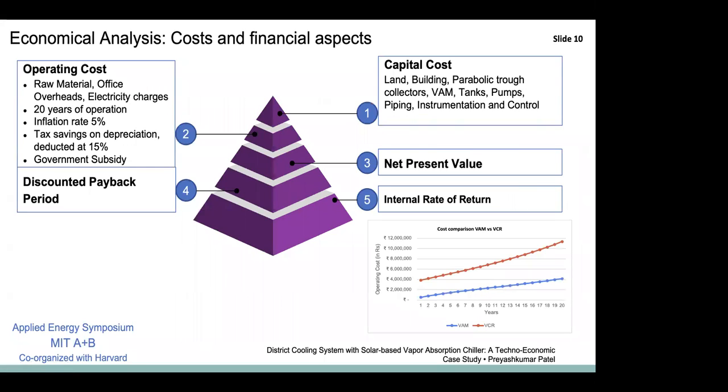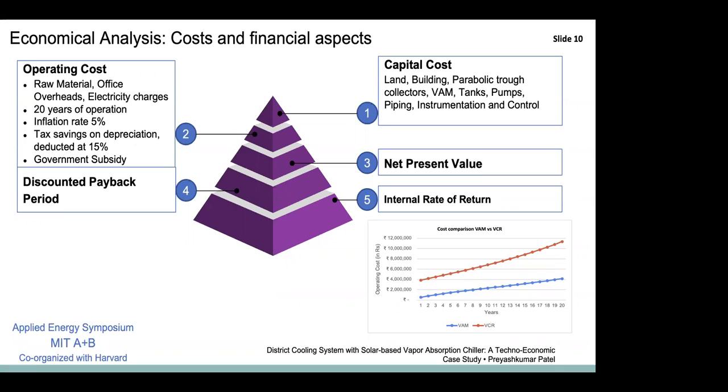Talking about the economical aspect, capital and operating costs were derived and compared for the vapor absorption machine and vapor compression refrigeration based district cooling system. For determining capital cost, assets like land, building, parabolic trough collectors, VAM are considered. And for the operating cost, overheads like office overheads, raw material, electricity charges were taken into consideration.